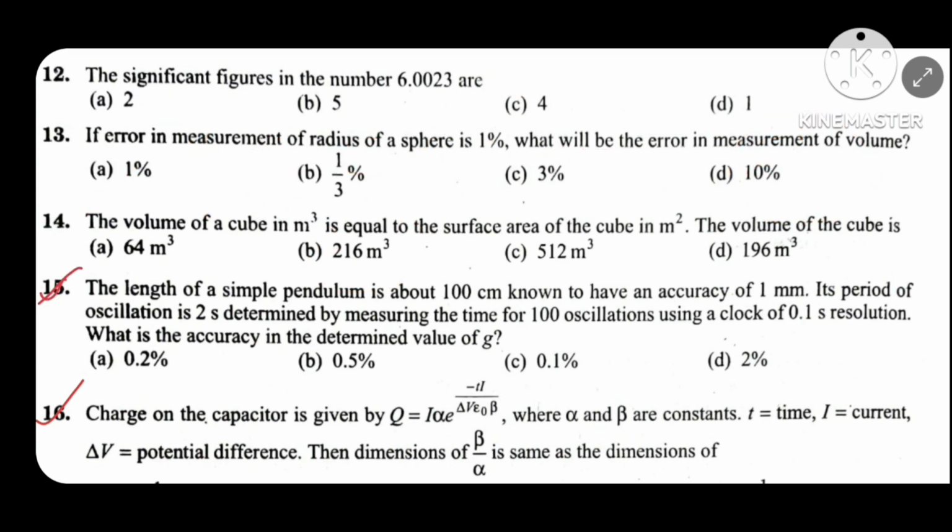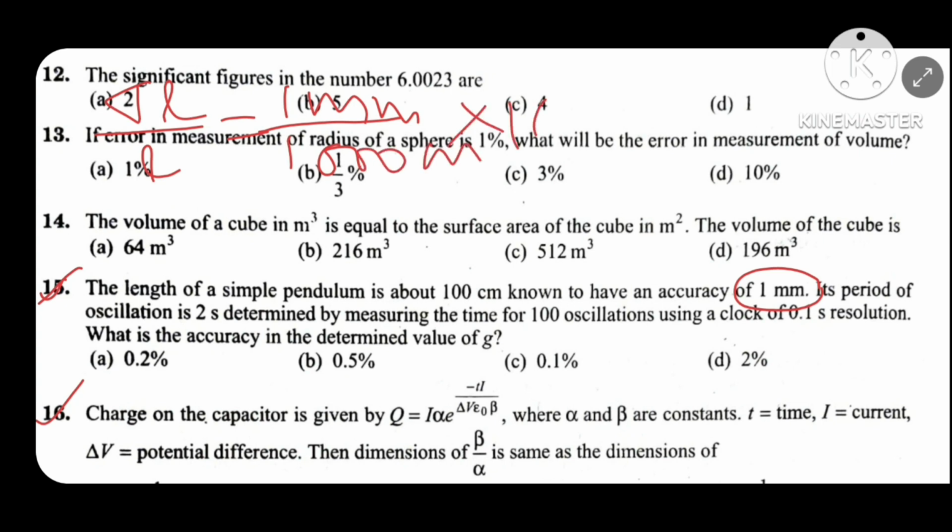The length of a simple pendulum is 100 centimeter, known to an accuracy of 1 millimeter. So look at this here, delta L by L is 1 mm divided by 100 centimeter, that is 1000 mm. If we multiply by 100, we get the percentage error, so this is 0.1%.